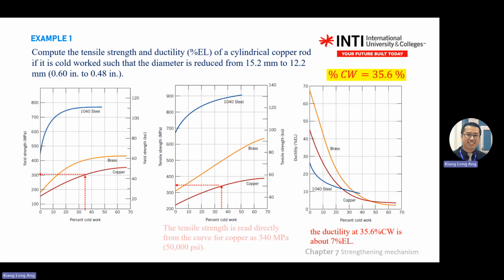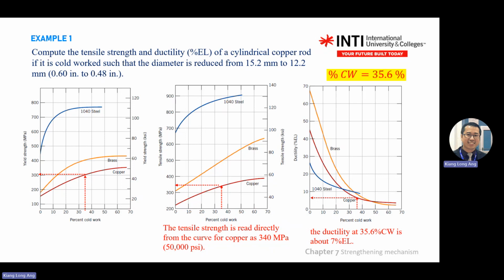Nothing complex. This is example 1. It can become a design problem like what you see in your test 1, question 2. It means the customer gives you something, like a ductility percentage.